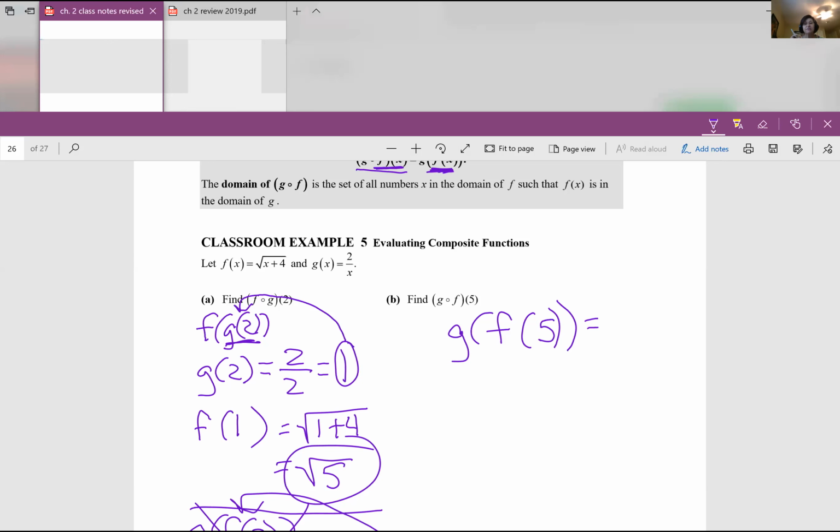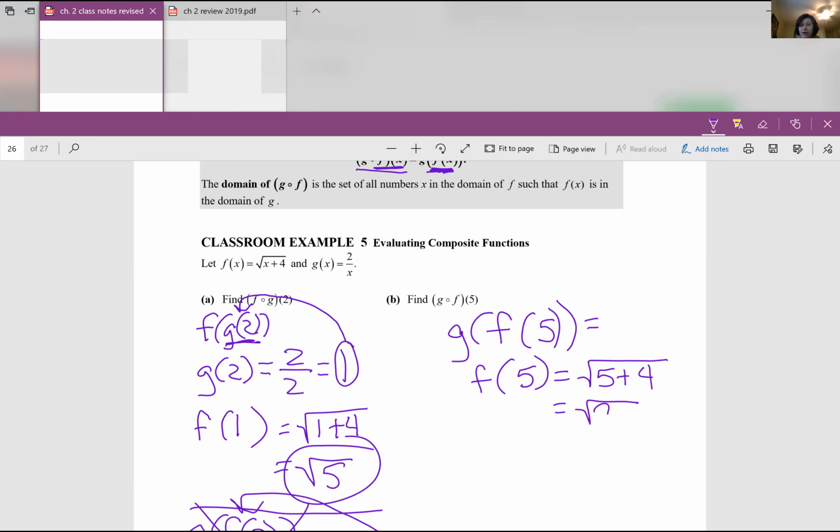Somebody tell me, what's the first thing you have to find? F of 5. Good job. Okay, so when I go to the f function, that's the square root of x plus 4. I'm going to put 5 in place of x, right? Yes. So how much is 5 plus 4? 5 plus 4 is 9, right?